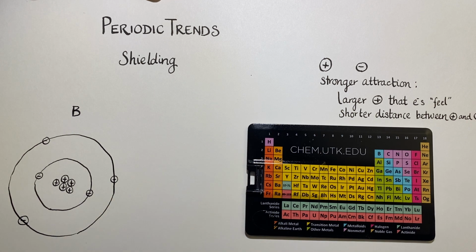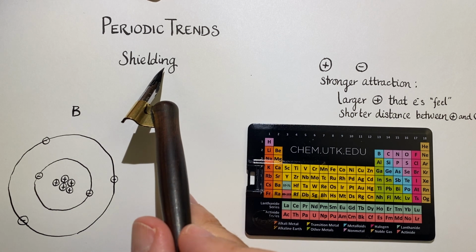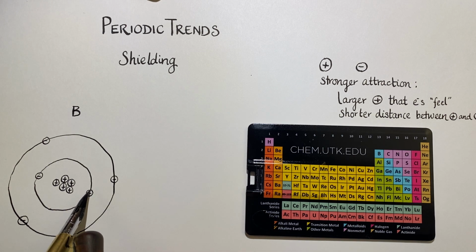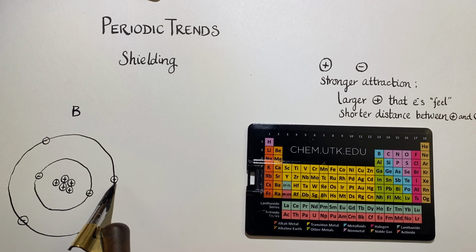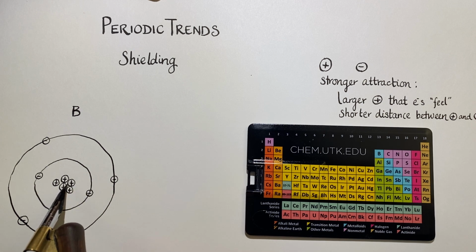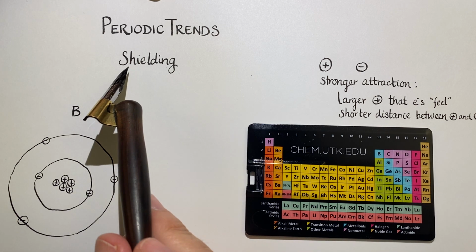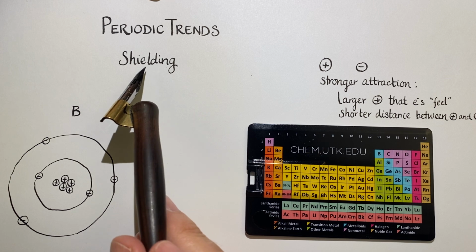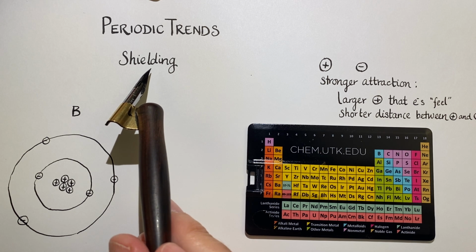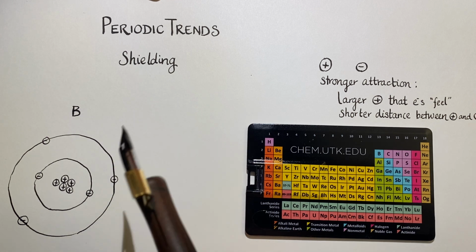Okay. So this concept of shielding has to do with an inner shell blocking an outer shell electron from feeling or detecting all of the positive charge in the nucleus. So you can almost think of this as a barrier or truly a shield. So for once, the name was chosen to actually represent what they're talking about, which is always nice.